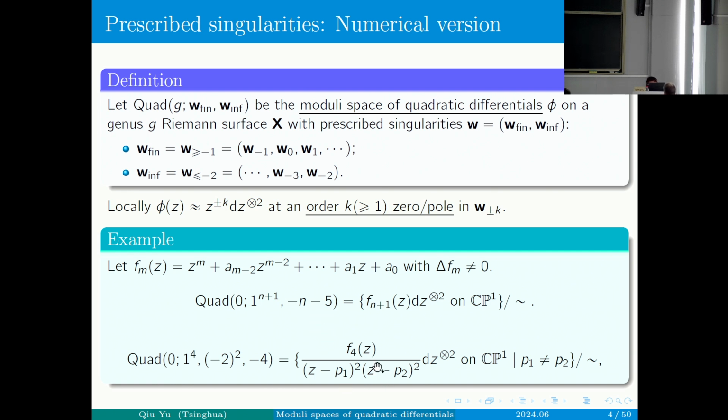Another example is that you can take some polynomial divided by another polynomial, and this will still be on CP1, the genus 0 Riemann surface, say maybe with 4 simple zeros, 2 double poles, and 1 order 4 pole at infinity. So that's the model space we would like to study.